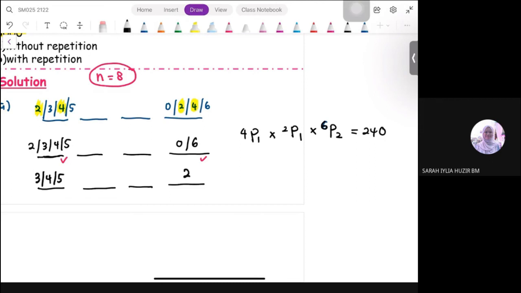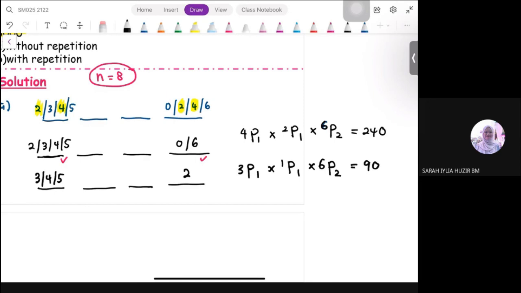So calculation should be 3P1 times 1P1 times 6P2. Okay, harap awak nampak dah. 3P1 for the first box out of 3 options arranged on the first space. And then we only have 1 option for number 2. So that's why 1P1. Now we left with another 6 number to arrange another 2 space. So 6P2. Okay, this would be equal to 90.